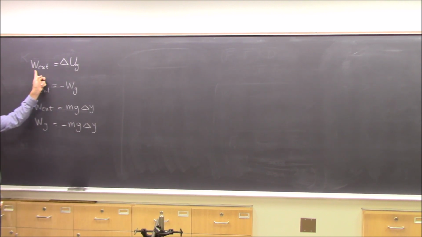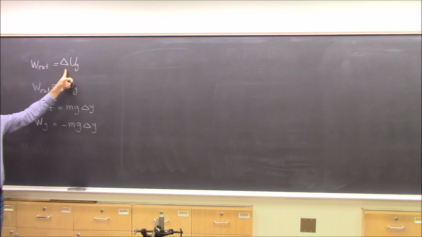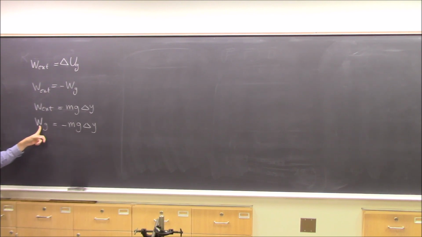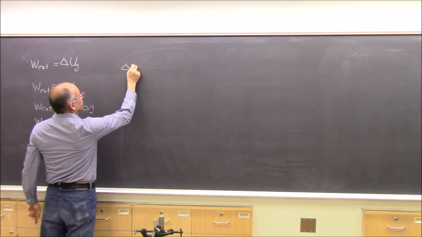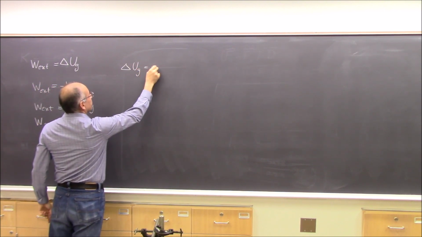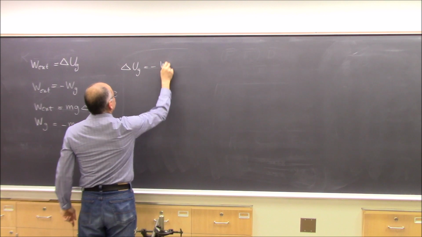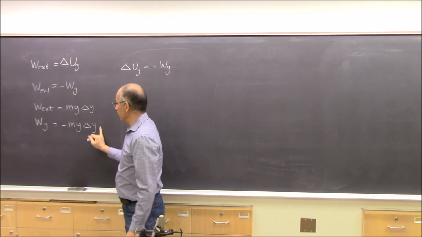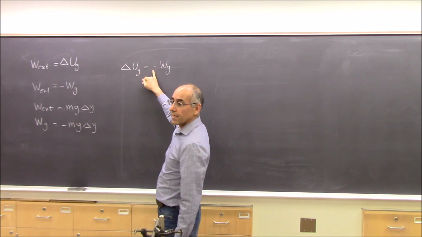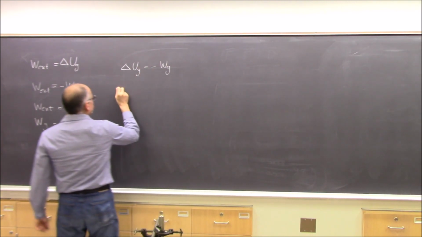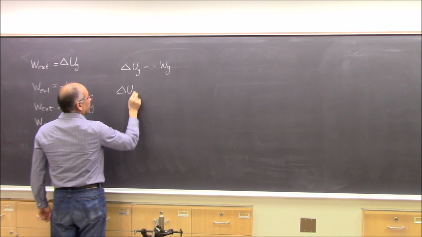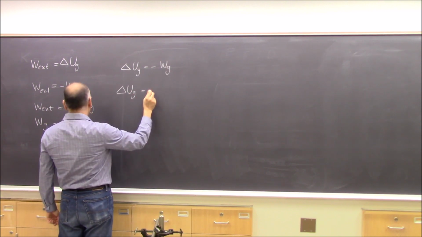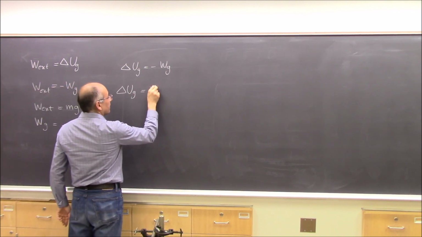So if we say the work of external force is equal to the change of potential energy, then in terms of work of gravity, the change of potential energy, delta U of gravity, is negative work of gravity. If you put work of gravity from this equation, the negative signs cancel each other. So delta U for gravity is equal to mg delta y.